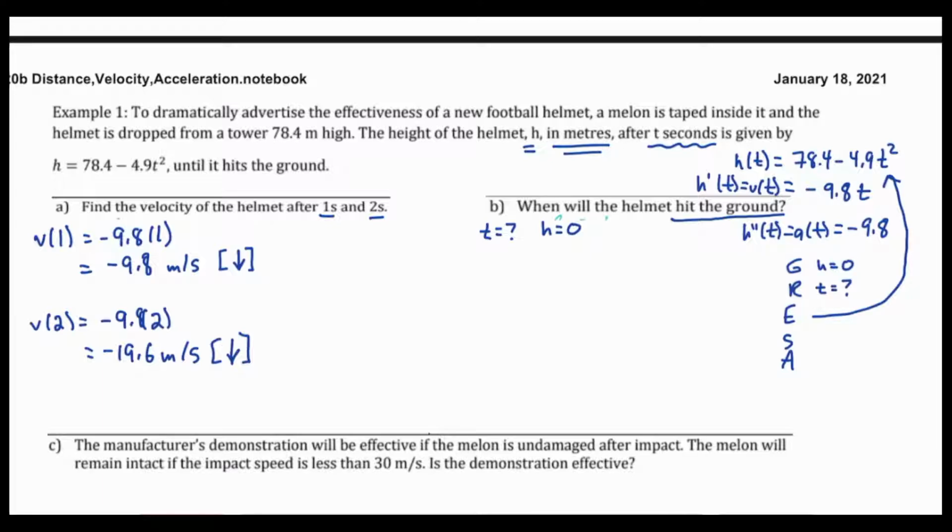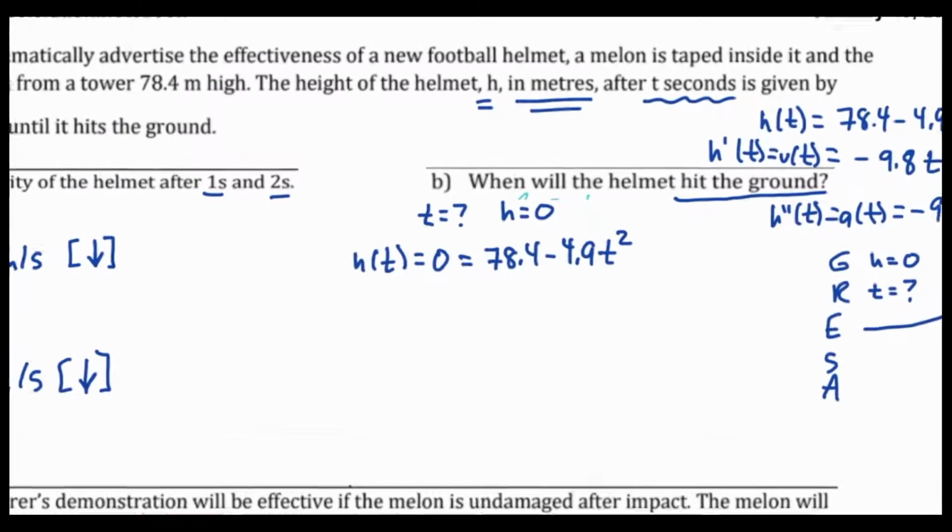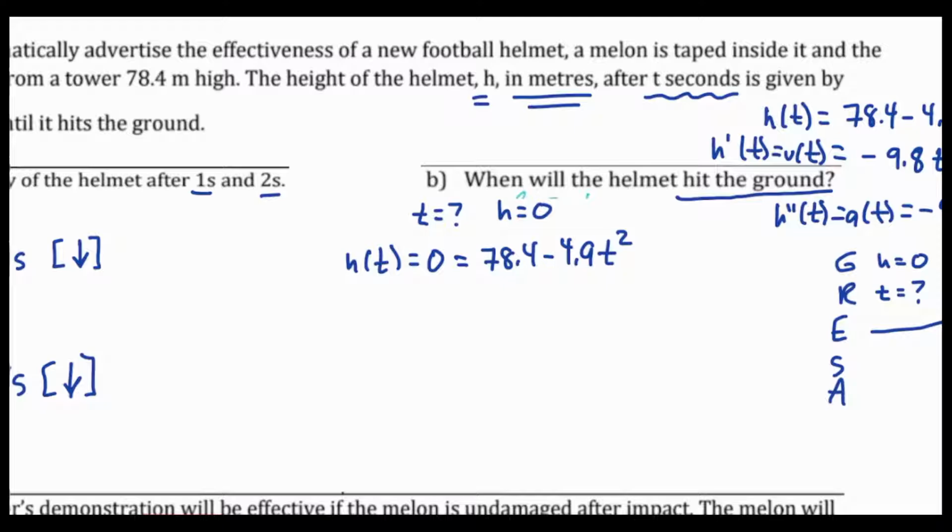I'm going to set my equation equal to 0. So h of t is set equal to 0 equals 78.4 minus 4.9 t squared. Remember, t is our variable, so I should not know its value yet. That's what we're trying to find out. Let's rearrange and solve. So I'm going to bring the 78.4 to the other side of the equal sign. So negative 78.4 equals negative 4.9 t squared.